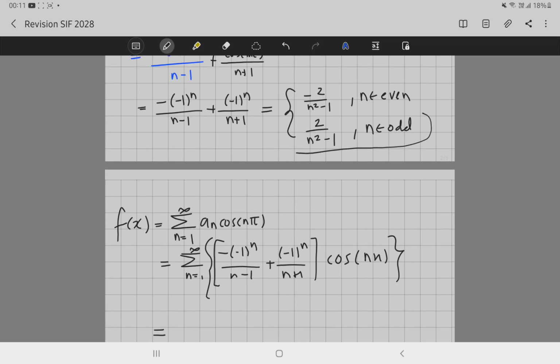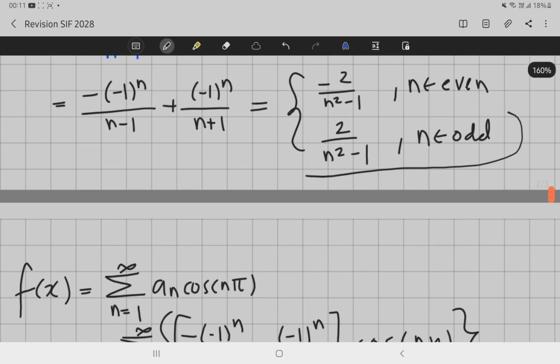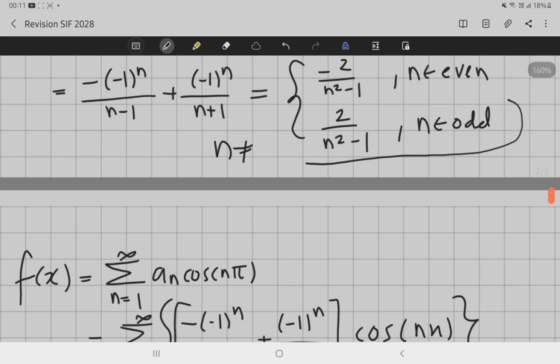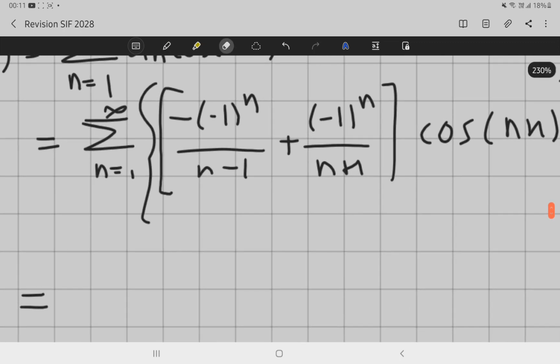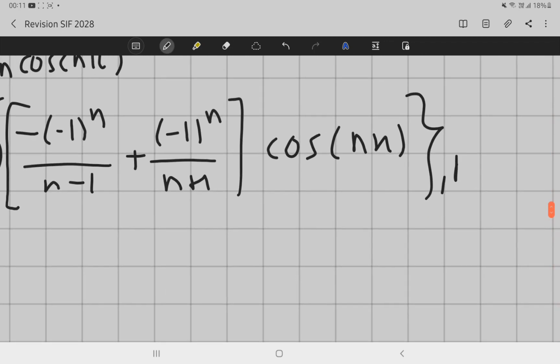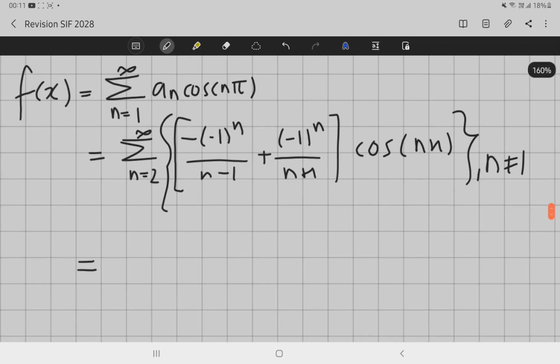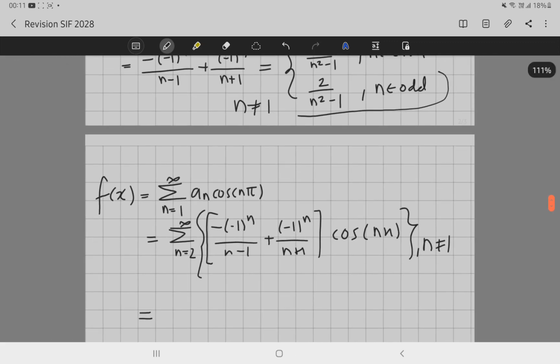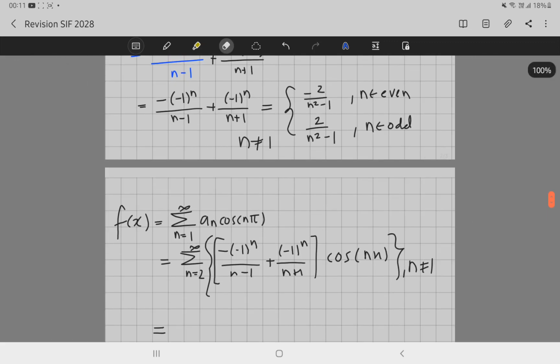So 2 over, oh yeah, n cannot be 1. Okay, so we need to start from the even term, which is 2, with the indication n cannot be 1, like that. So we start from even, so we need to consider the first possibility, which is even.